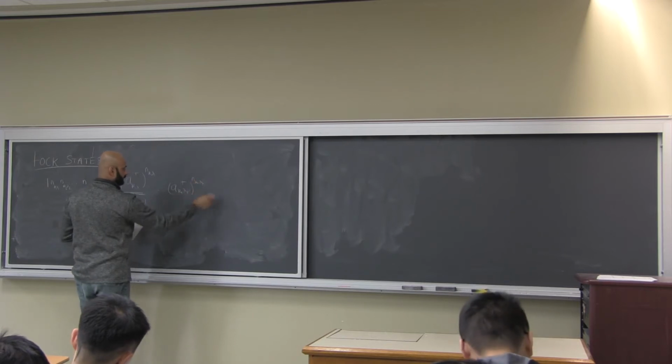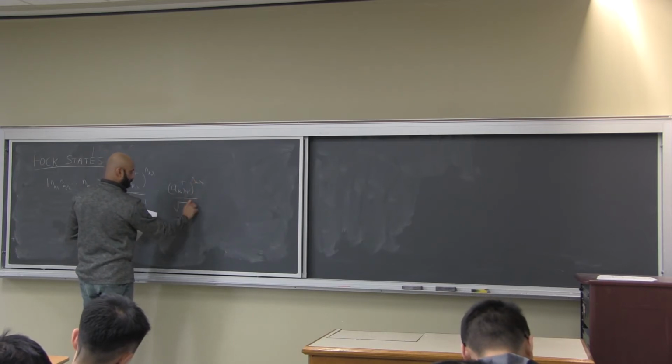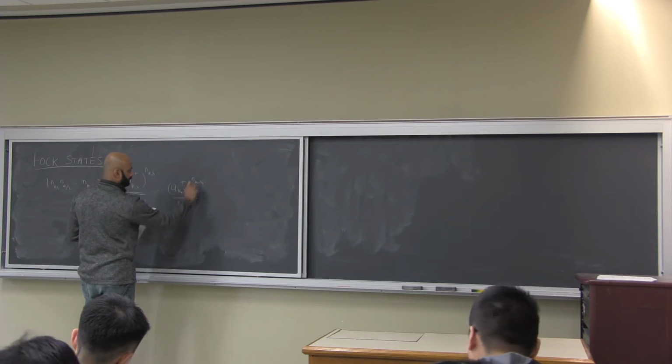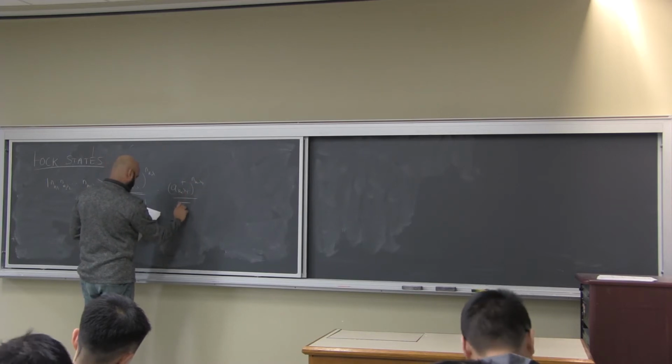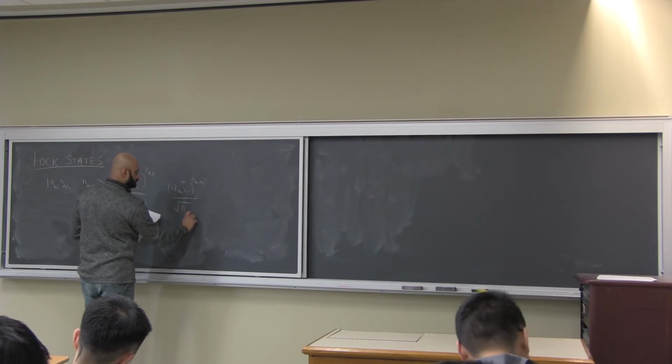It's just a dagger acting on the vacuum, say, the number of times n_r in the rth mode, and then divided by the appropriate normalization factors.